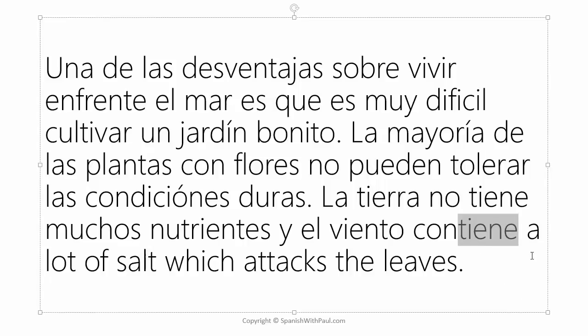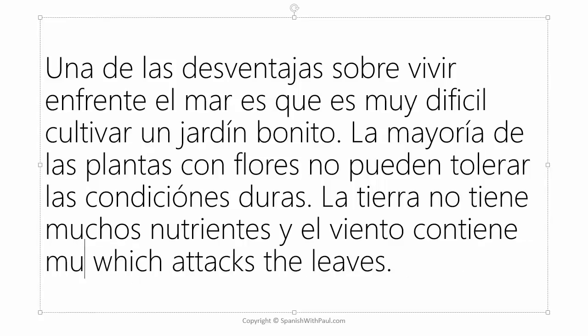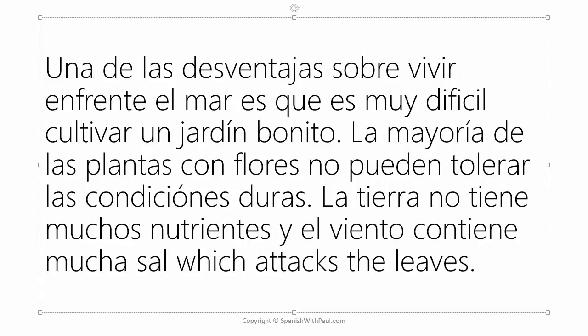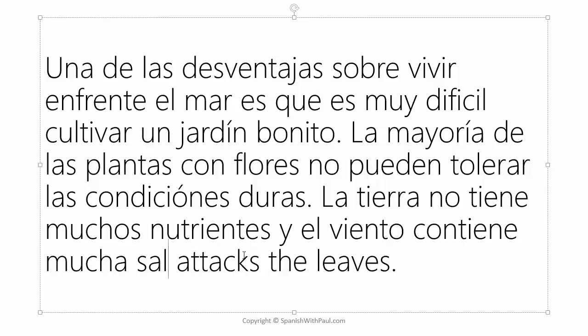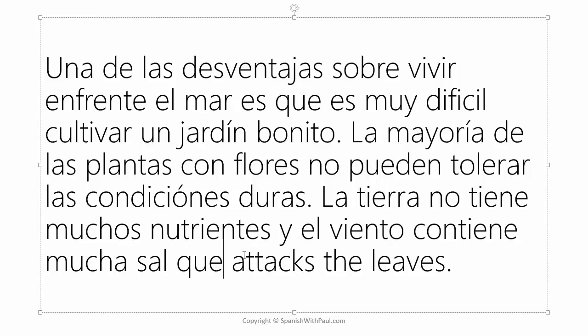Contiene, it contains a lot of salt. So salt is sal, and it's a feminine word, so it would be mucha sal, a lot of salt. The word here we just use que, which can be used for which or what.